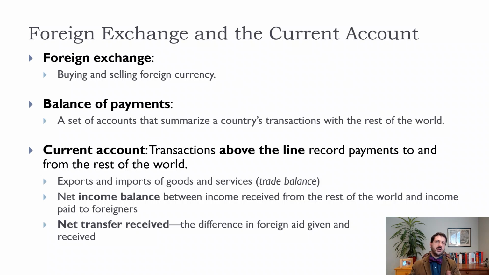And it doesn't just have to be financial transactions, right? It could be like, okay, I own a company in France and I get profit and that profit comes back to me. And so that's a flow from France into the United States. And so there's going to be a lot of those flows. And what we're interested in there is the balance, at least in terms of the current account.